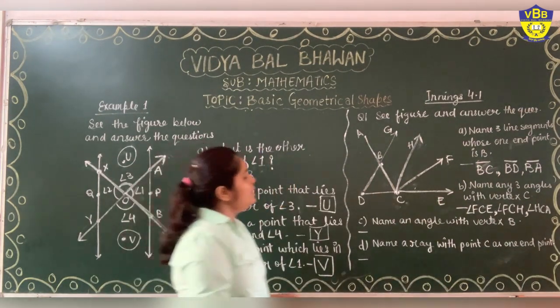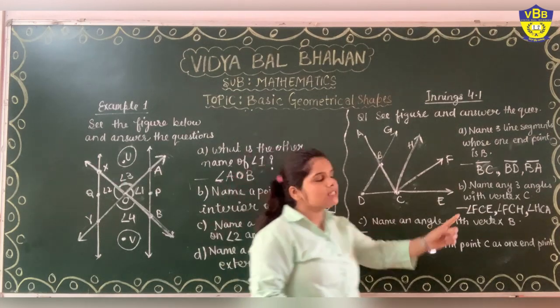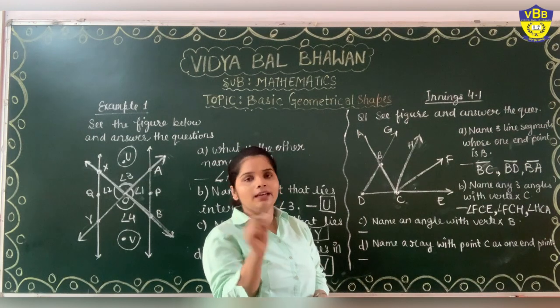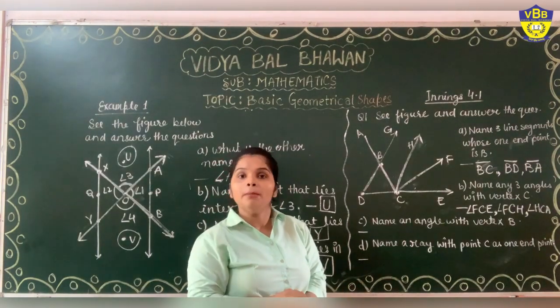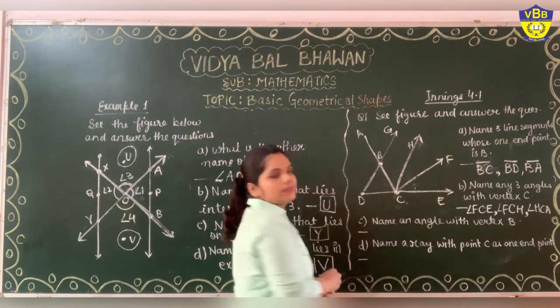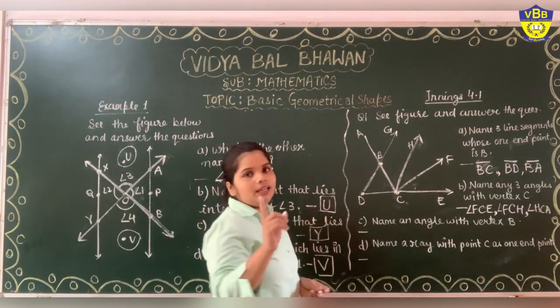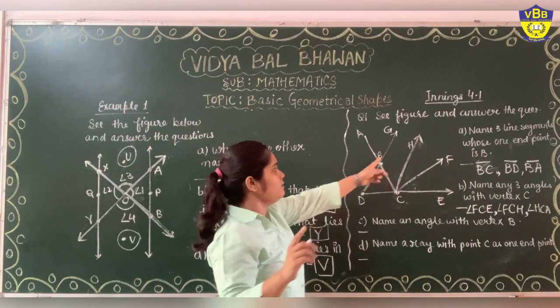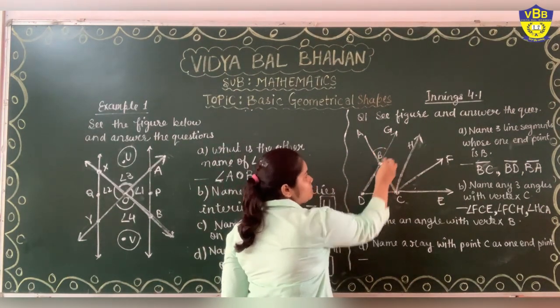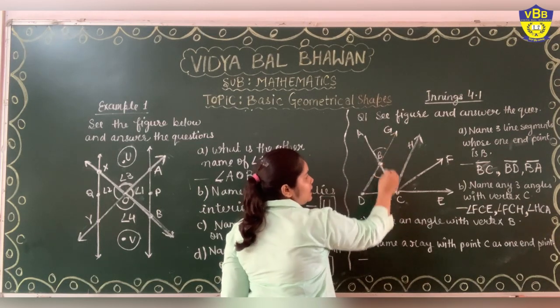Next one, name an angle with vertex B. A single angle with vertex B. This is the B here. Tell an angle which is made using vertex B. So it can be this one, or this one, or this one as well.